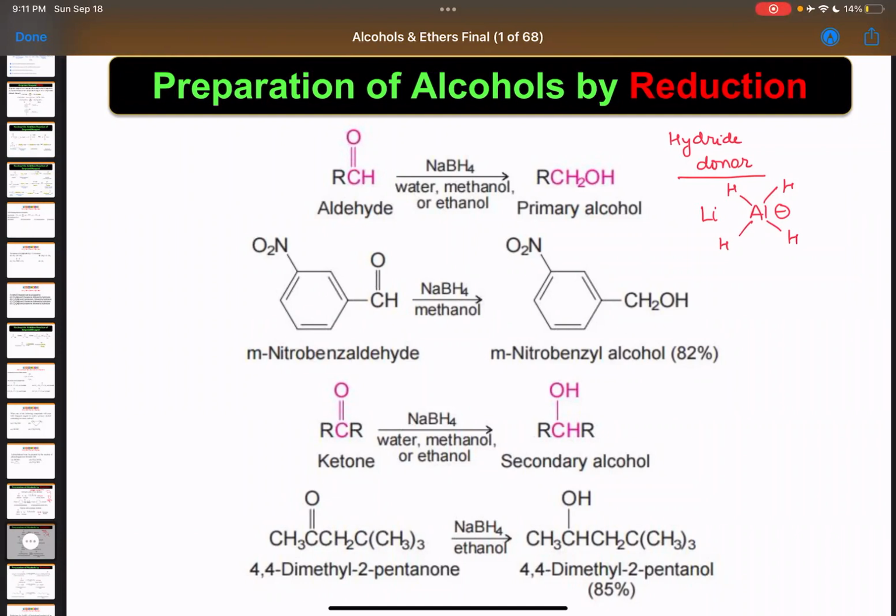Actually, AlH3 is neutral. If you have one extra H minus, it will get added to the aluminum vacant orbital, and the whole thing will become AlH4 minus with Li plus. Similarly, you have Na plus and BH4 minus, right? These are hydride donors. And which one is the stronger reducing agent?